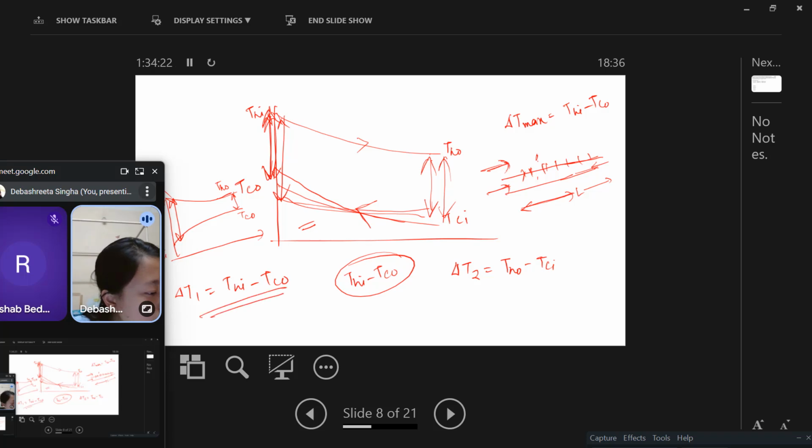So this maximum temperature concept was not valid for parallel, right? Because if I do Tc naught, since Tci is much lesser than Tc naught, this delta T max should always be Thi minus Tci. I think sir has also written that, no?